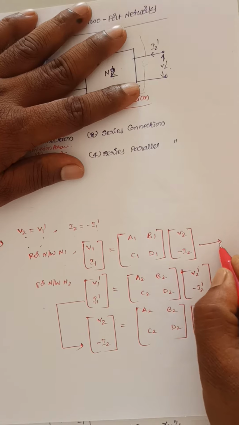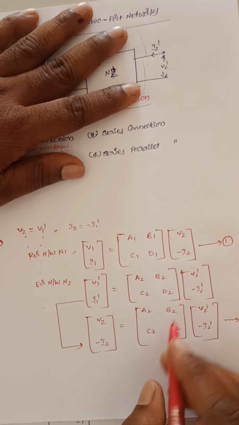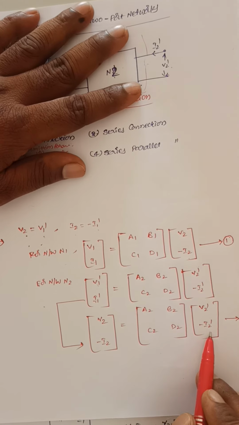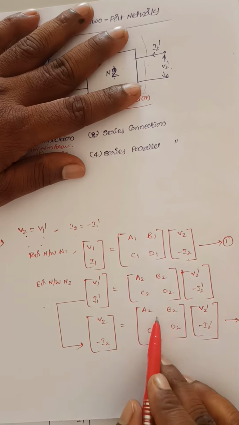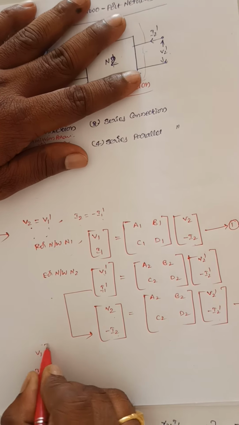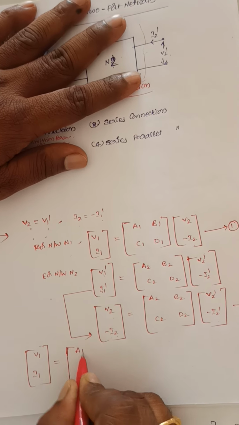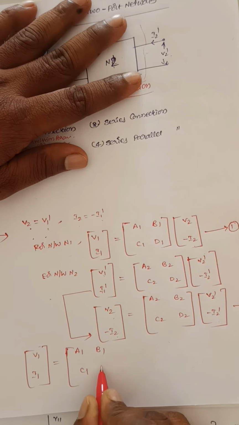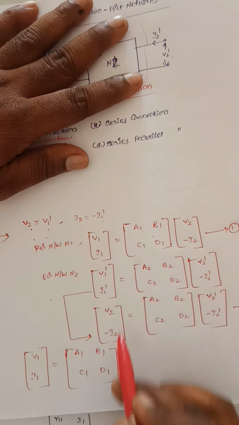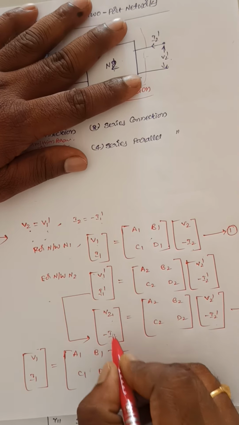So let us take this as equation number 1, and this as equation number 2. You just substitute this V2, minus I2 matrix with equation number 2. So now V1, I1 is equal to A1, B1, C1, D1, from equations 1 and 2, times V2, minus I2.